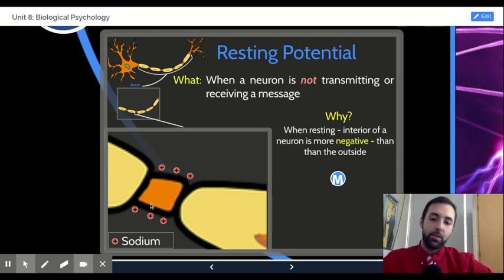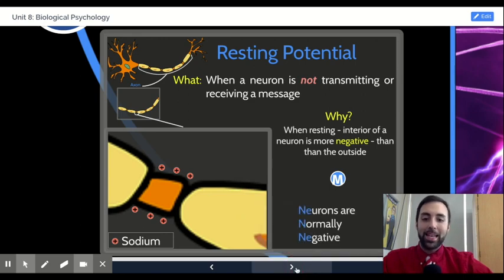It actually has a formal name, the nodes of Ranvier, but we don't need to worry about that. We look at this little region here of the axon. You'll notice I have on the interior of the neuron a bunch of negative signs, and on the exterior of the neuron I have a bunch of positive signs.